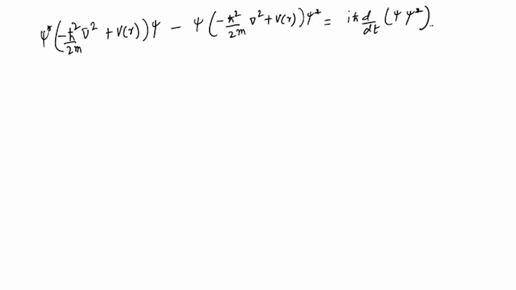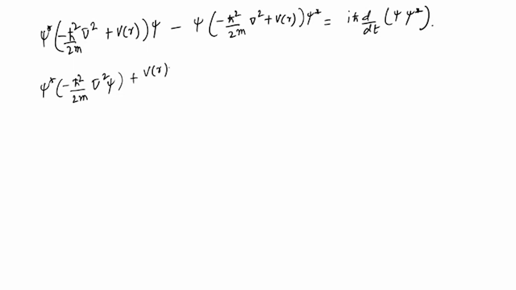Okay. And as I told you, we are talking about a region where there is no source for charge or current. So, this would be psi star and minus h cross square over 2m del square psi and plus V of r is a real quantity.